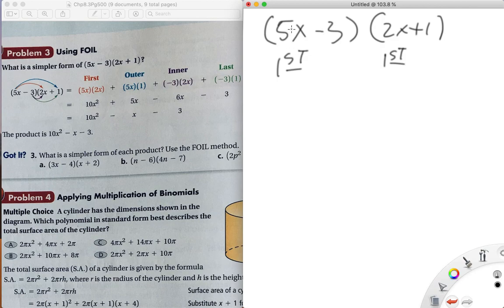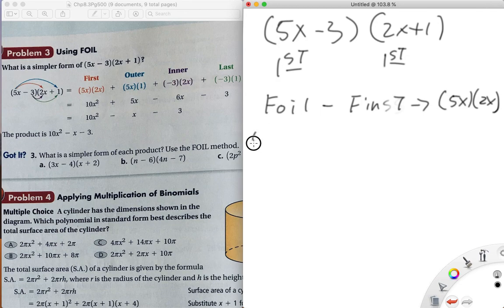So for the first part of FOIL, FOIL stands for first. So the first term of this guy is 5x times 2x. I'm not going to do the math, I'm just going to get into what the FOIL means.